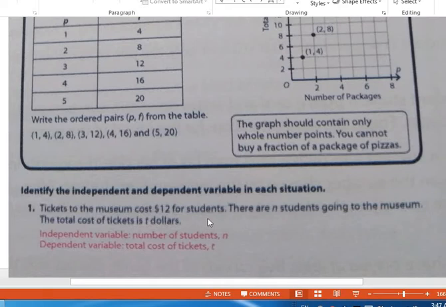Depends on the number of students. Not the number of students depending on the total cost. No, the total cost will depend on your number. So here the dependent is the total cost of tickets, and the independent is the number of students.